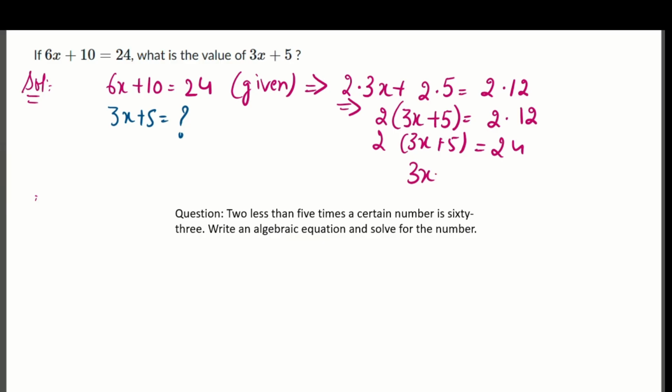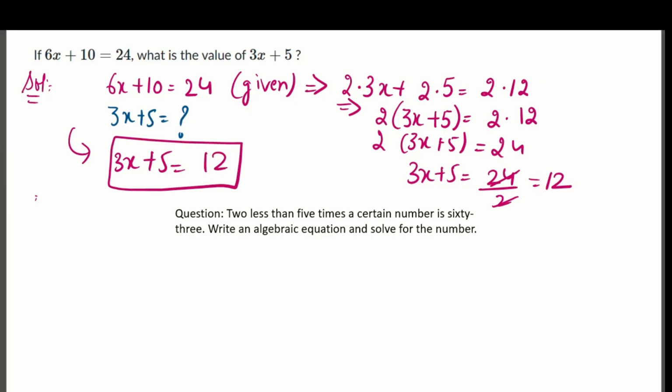So 3x plus 5 would be 24 upon 2, which is equal to 12. So the value of 3x plus 5 that we derived from the given equation is 12. You have to use the given equation in such a way that you can find the value of the expression that is asked in the question.